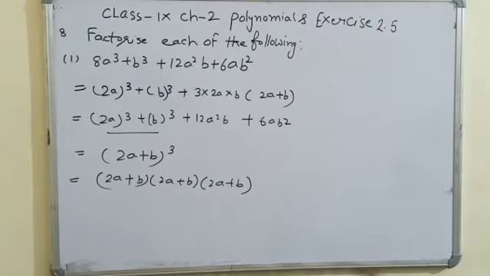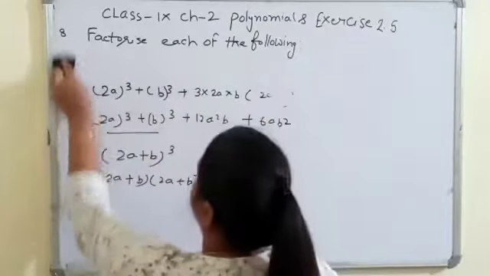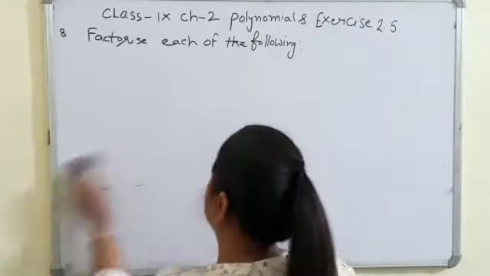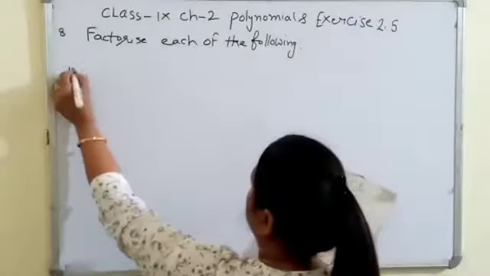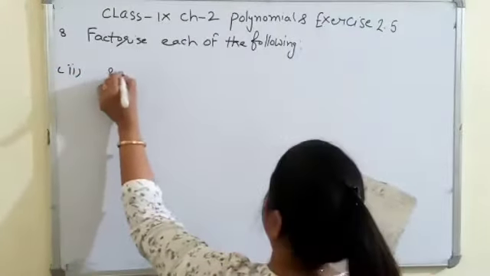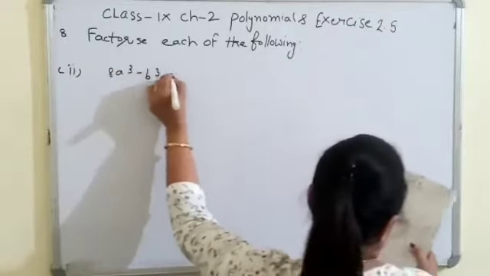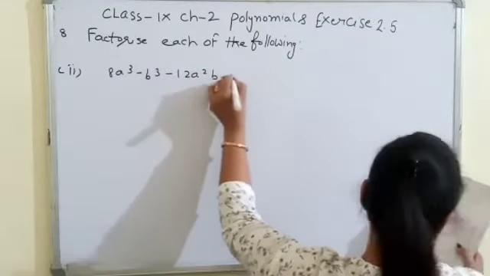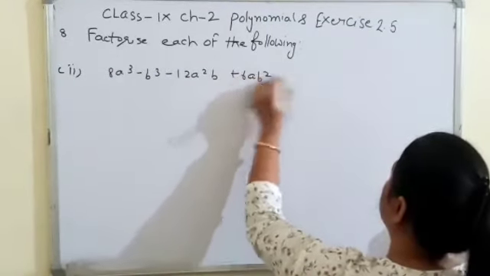Next is the second part. The second statement is 8a cube minus b cube minus 12a square b plus 6a b square.